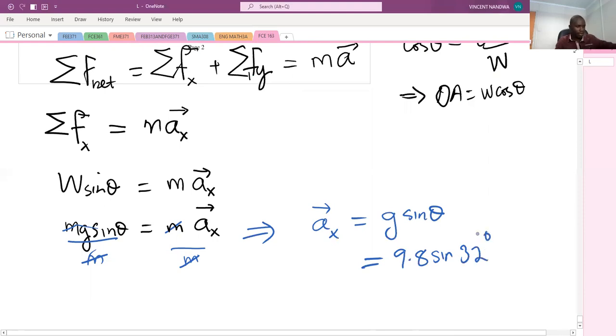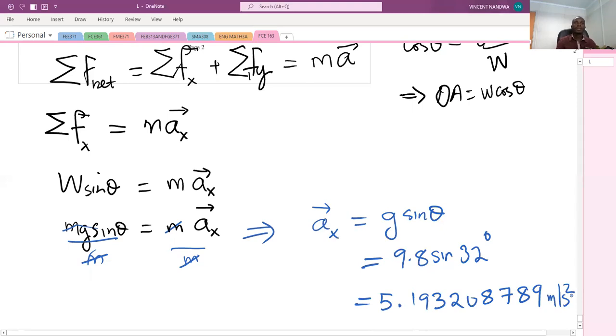So let's work that out: 9.8 times sine of 32 gives us 5.193208789 meters per second squared.